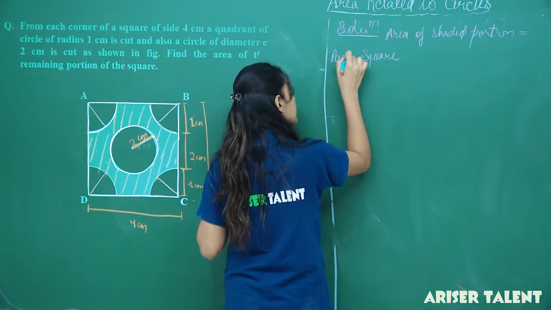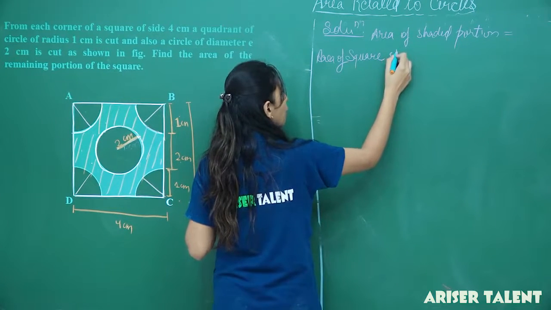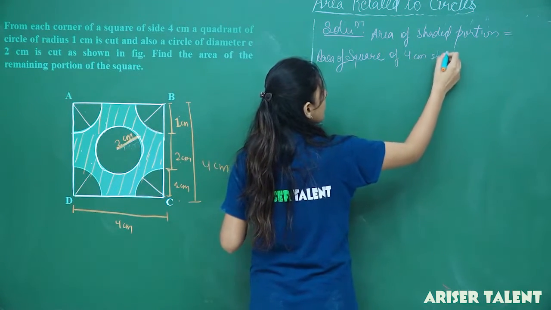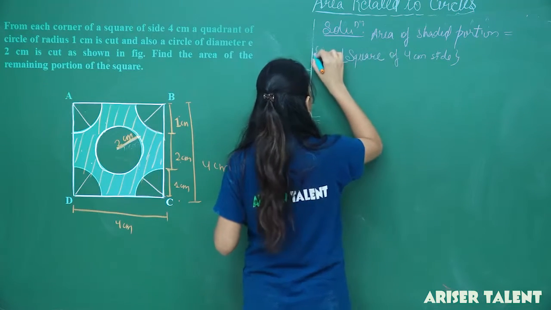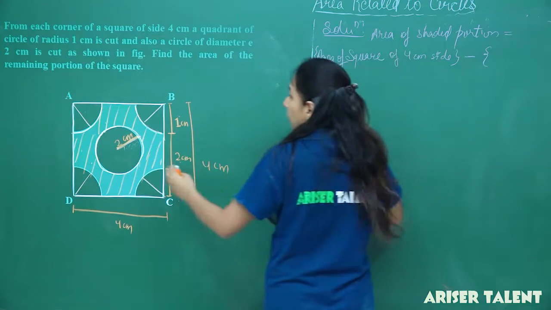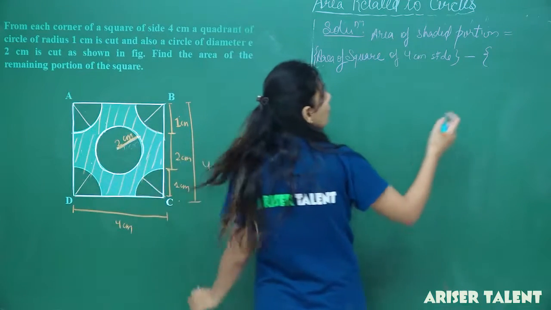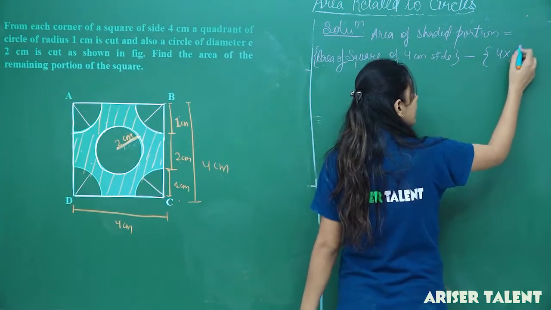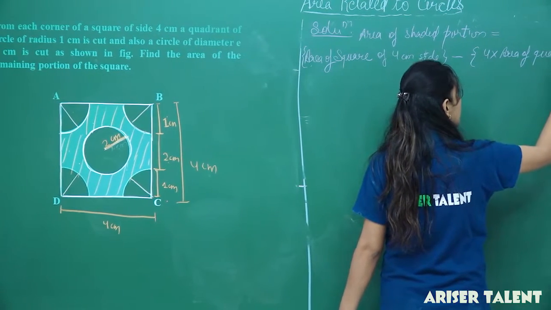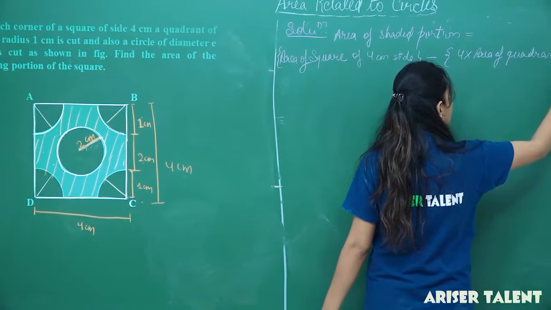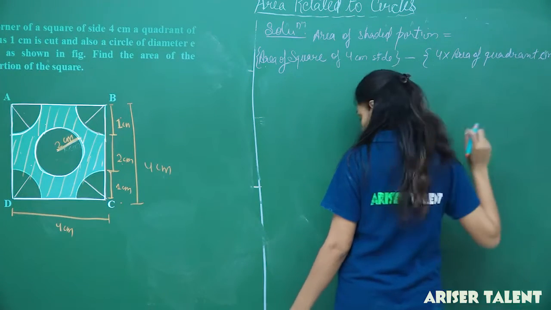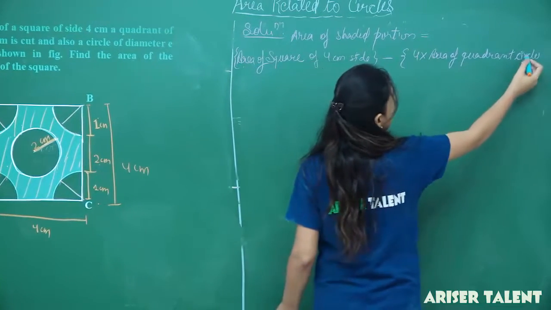the area of the square of 4 centimeter side, minus 4 multiplied by the area of a quadrant circle. Quadrant circle, right.